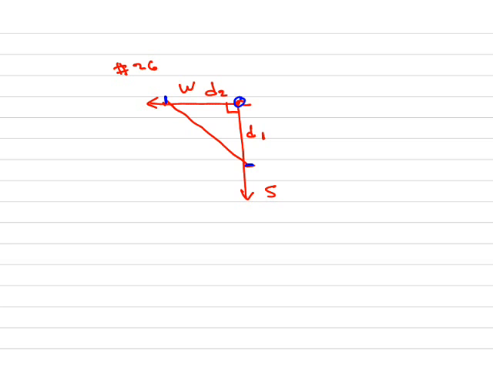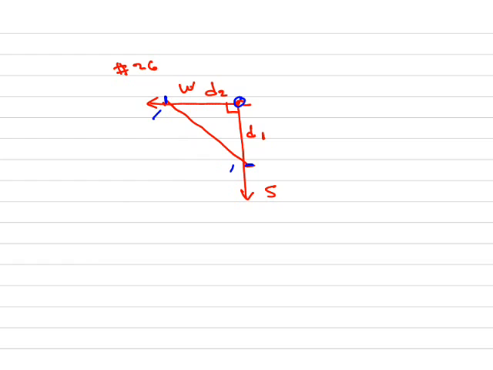At any point in time, we can describe the distances, because the Pythagorean theorem says that the distance of this hypotenuse right here, the distance between them, is going to be the square of the other two distances.